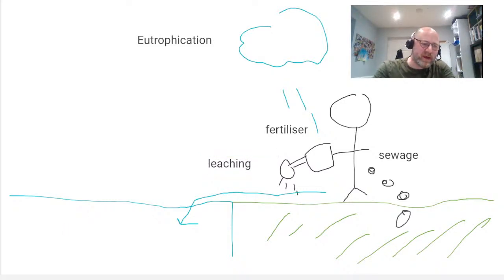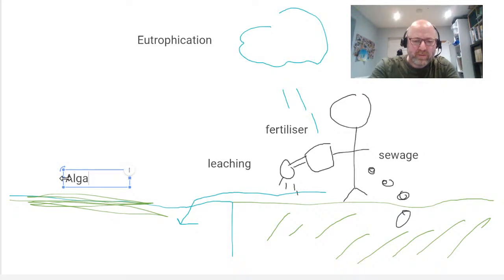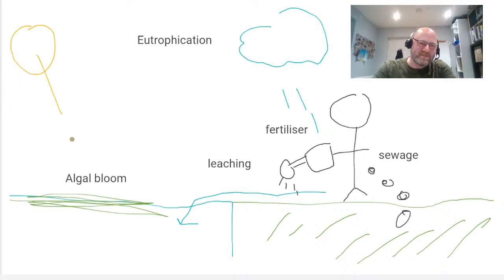What's going to happen then? We're going to get an algal bloom, like that. We call this an algal bloom. That's going to then block this sunlight from reaching the plants that live inside the lake. Yeah, they look like mountains, but they're supposed to be plants.